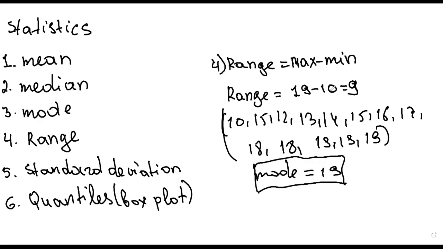Sometimes they can ask a question related to range in the SAT exam, which is why it's very important to know what range is, because sometimes they give a dataset with a missing value X and say that if the range of this dataset is, for example, 4, what can be the values of X, and so on.